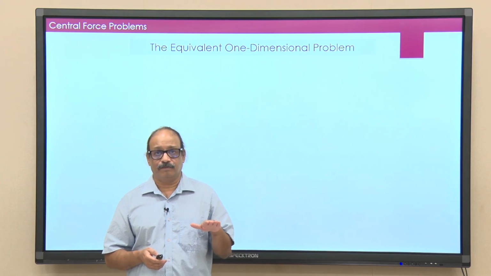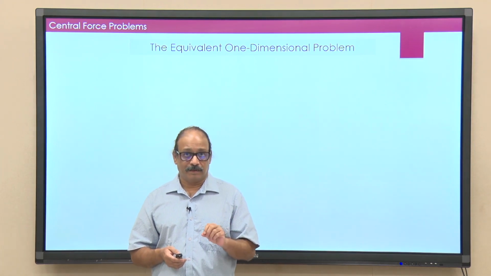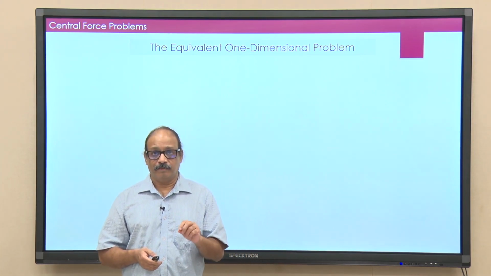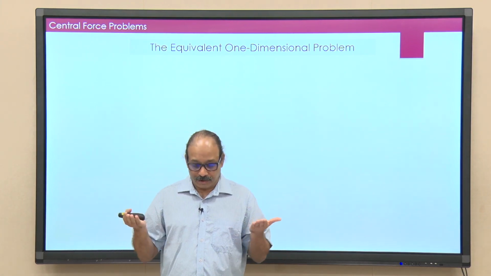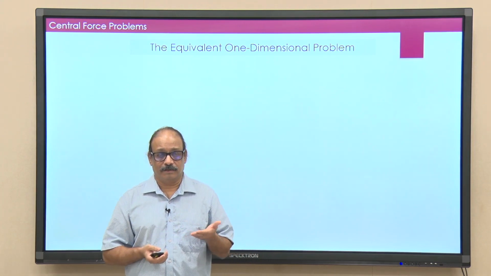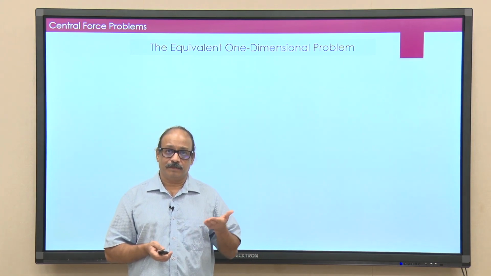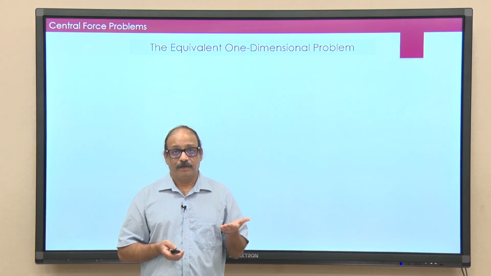Energy is one constant of motion, angular momentum is another constant of motion. Angular momentum is a vector quantity. That means the motion, so we argued this in the last class, that the motion of the particle will remain planar.